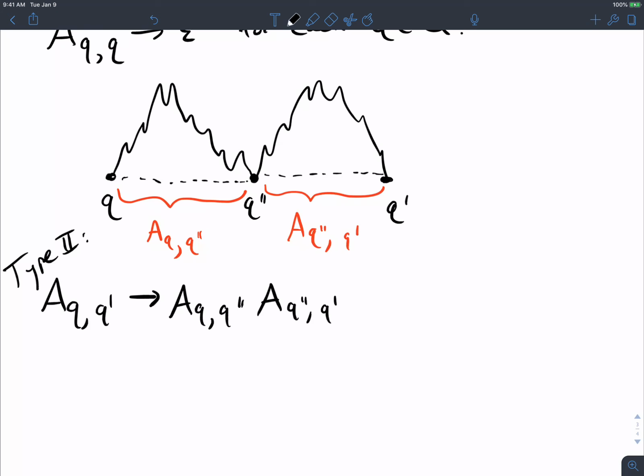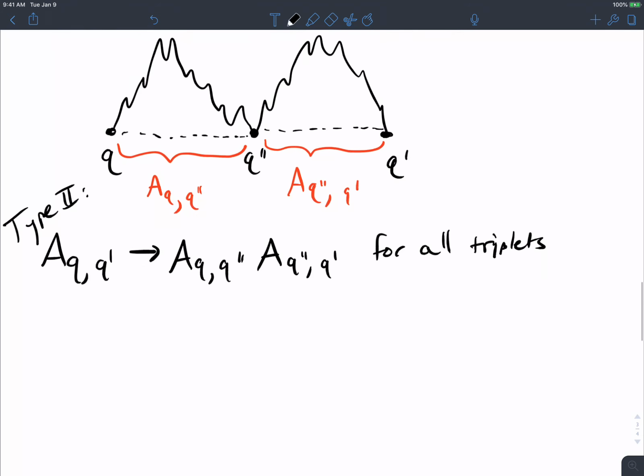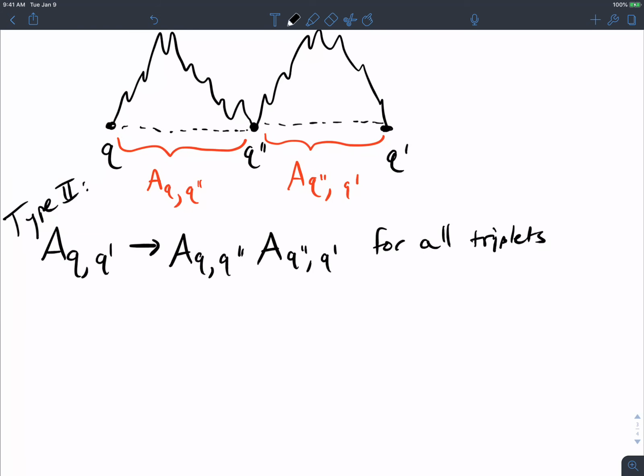Does that hurt us? Well, if we have a rule that's just completely unnecessary, there's no harm in putting it in. So we might as well just do this for all triplets, and by that I mean just 3 sets of states. So Q, Q prime, Q double prime as states. So for all triplets of states, just make this rule.